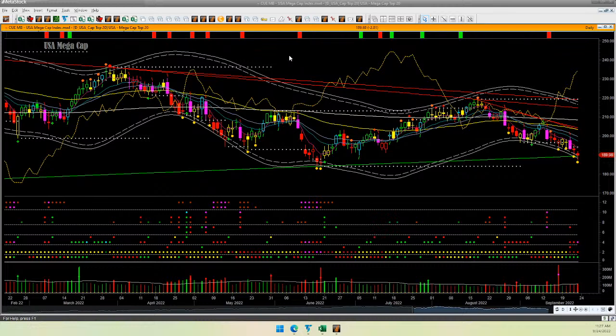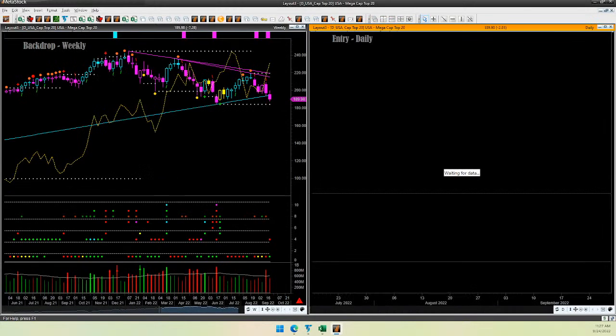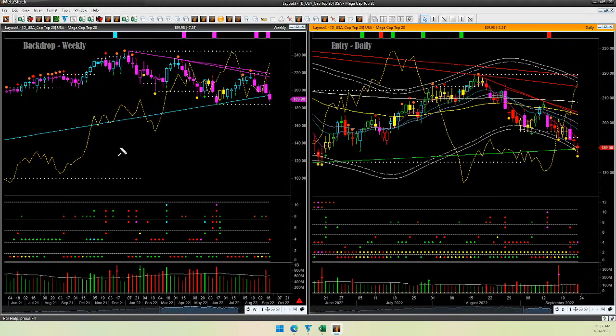Let's look at this mega cap custom index using weekly and daily both to see if there is a support in weekly. Well, the weekly trend line support happens to be broken this week.